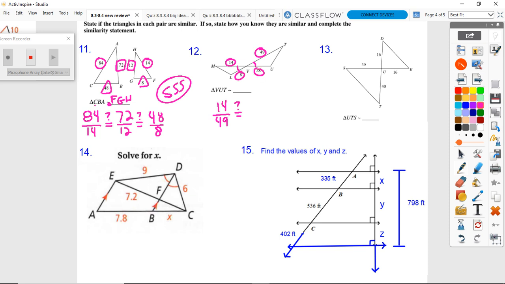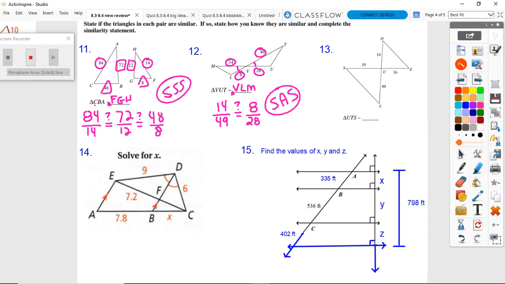You can either cross multiply or divide it in your calculator. And you get a yes situation here. Those are equivalent fractions. So this has got SAS. So matching them up, V goes with V. The U would match up with L, and the T with the M.